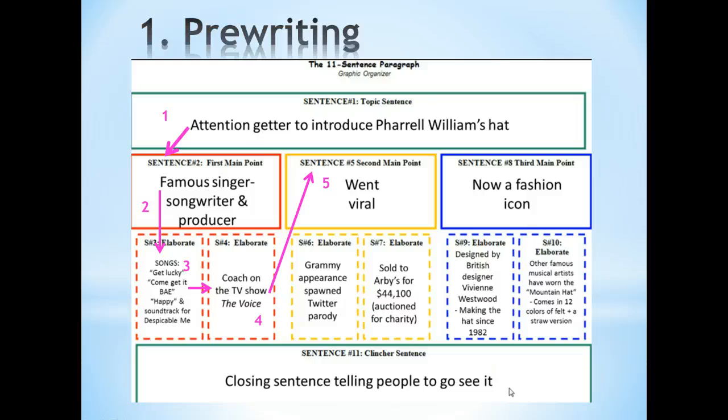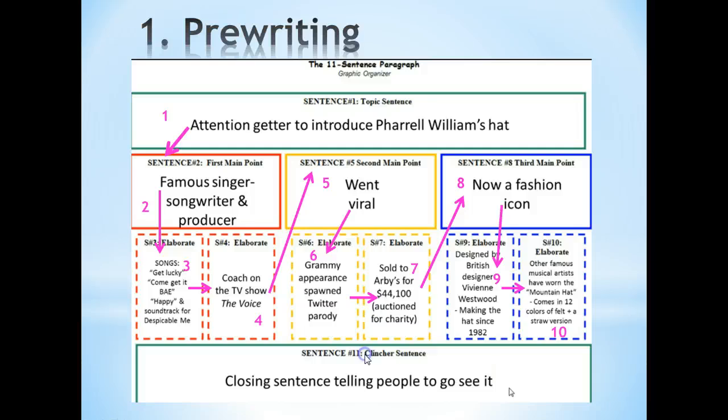It went viral. Just as we saw with the first point, sentence 6 and then sentence 7 will be elaborating on your second main point. Finally, you'll transition to your last and your third main point. In this assignment, it's about how the hat has become a fashion icon. And then sentence 9 and 10 both provide additional facts and details about the fashion related to the hat and the designer.